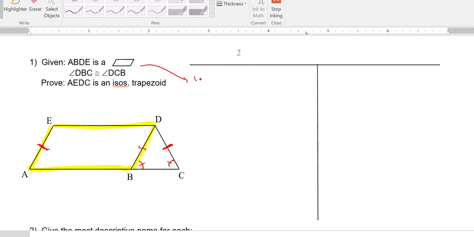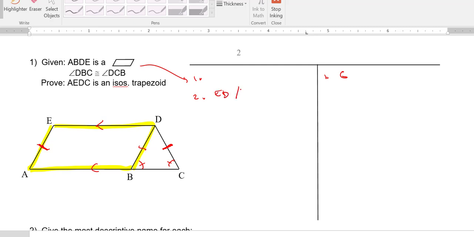Given that it's a parallelogram, and because it's a parallelogram, I can use the fact that these are parallel to each other as information I'm going to need to prove that it's a trapezoid.